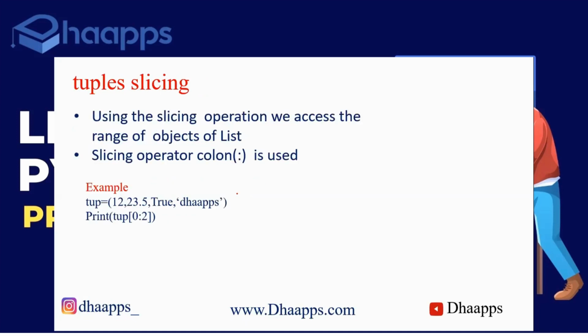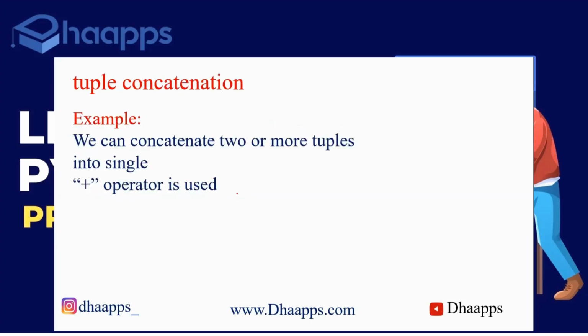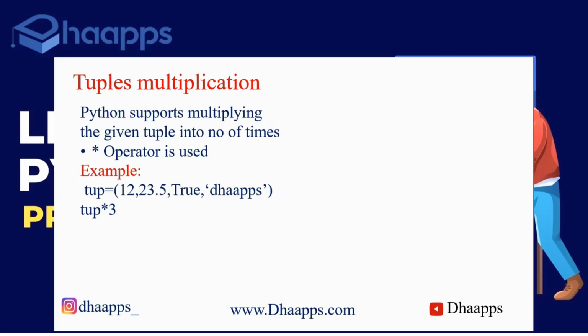Next, slicing, I want a range of elements. Then I can go for slicing. Same concept, guys. Yesterday, whatever I discussed, same concept. I'm not repeating it again. And concatenation, multiplication. You can see all these, whatever we saw. The difference is one is the brackets, and the other is lists are mutable and tuples are immutable. That's it.